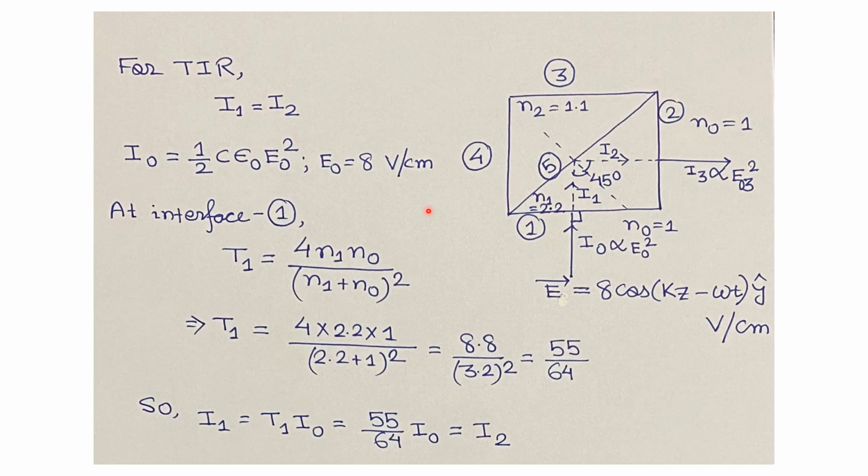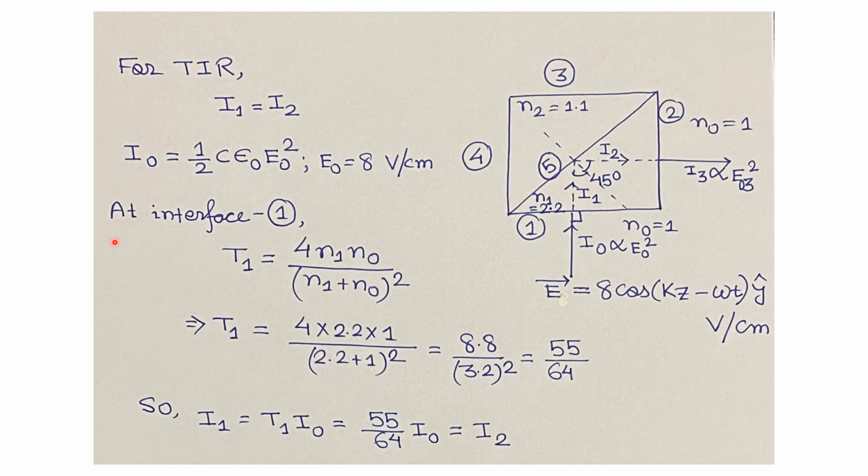And I0 is the intensity of the EM wave in region 1, which is given by half multiplied with C epsilon naught E naught square, where E naught is given in the question, that is 8 volt per centimeter. Here C is the velocity of light or EM wave in vacuum, epsilon naught is the permittivity in vacuum.